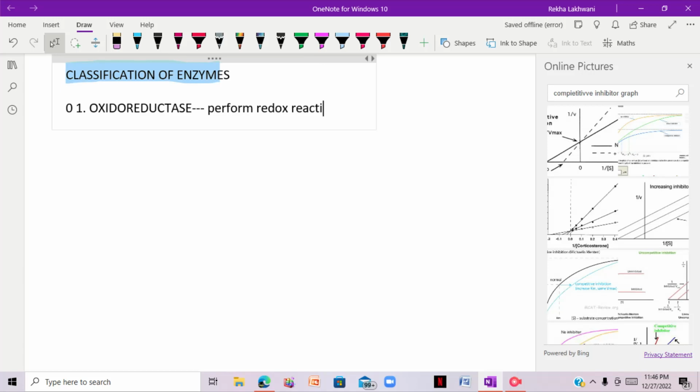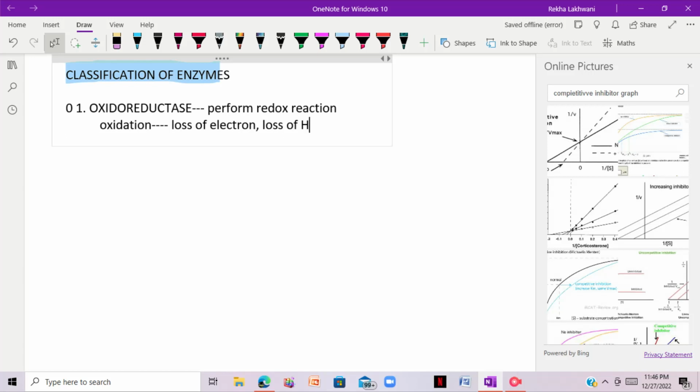Basically, what is oxidation? Oxidation basically means loss of electron, or you can say loss of hydrogen ion, or the addition of oxygen.